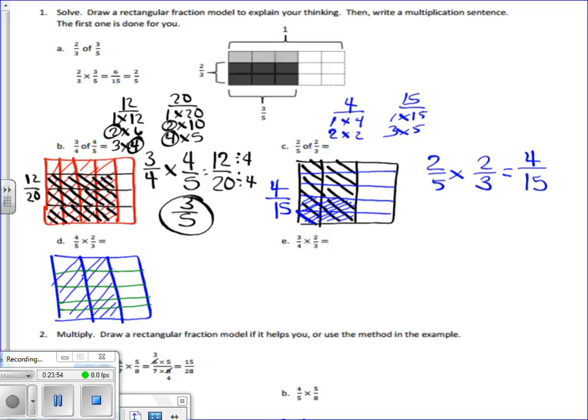Just shade in 4 parts of them. 1, 2, 3, 4. I have 1, 2, 3, 4, 5, 6, 7, 8, 9, 10, 11, 12, 13, 14, 15. It's harder for you guys because you're doing it in pencil, and I've got 2 different colors, and it's hard for you to see. But you're not going to have to do rectangular models all the time. Right now, you're just practicing how to model it. Pretty soon, you're going to be doing nothing but math.